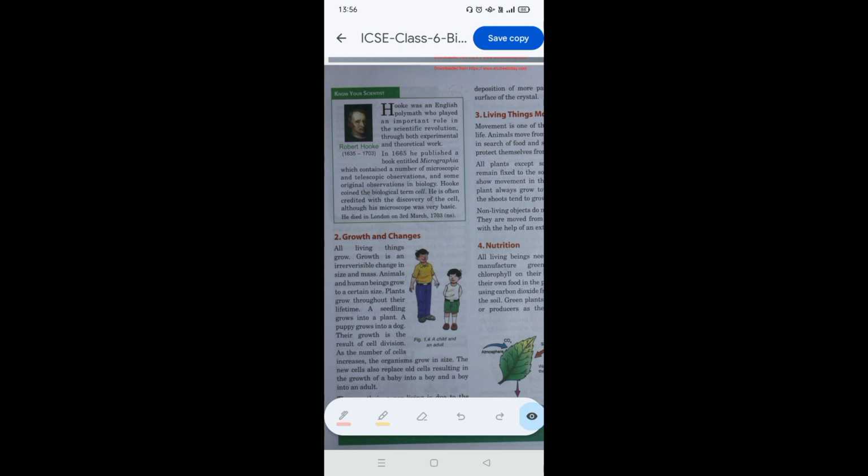When he discovered the cell, his microscope was also very basic, not even the latest model which we use now. And he also mentioned many of his original microscopic and telescopic observations in biology in his book Micrographia.